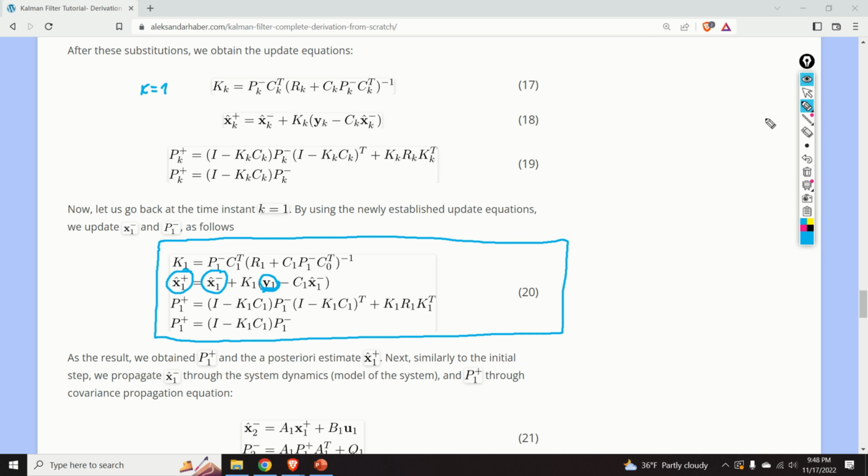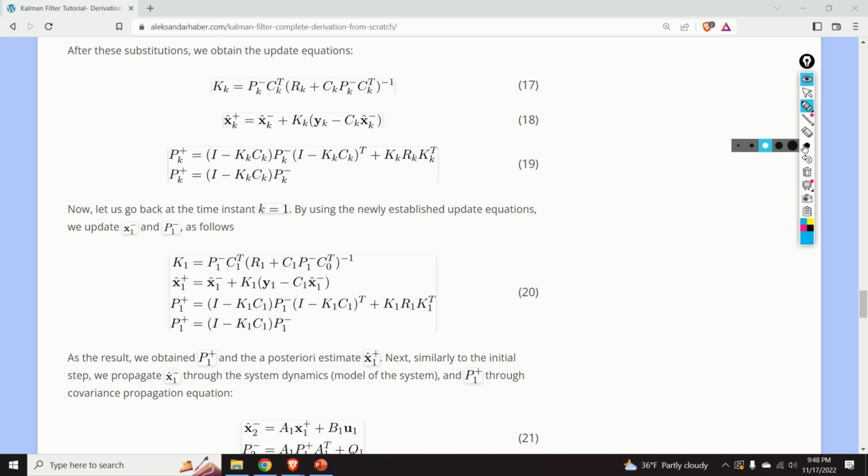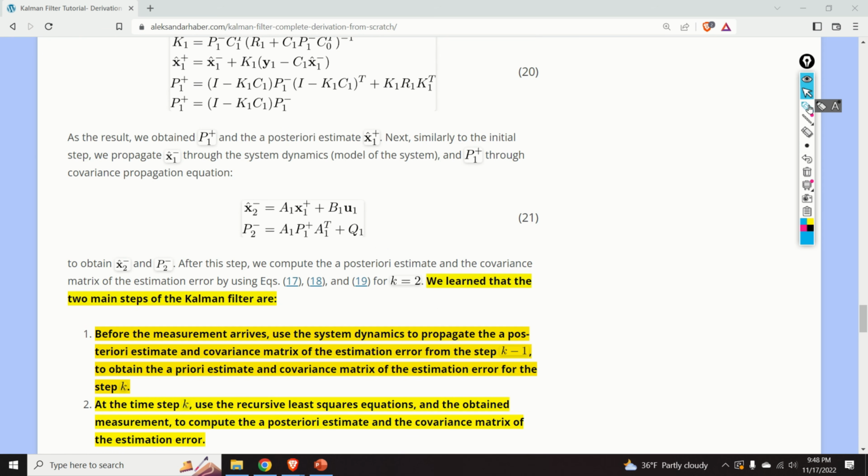Now, after we compute x_1 plus and P_1 plus, we proceed further. We take these quantities and we propagate them through the system dynamics. And we explained this previously. So this is the propagation step.